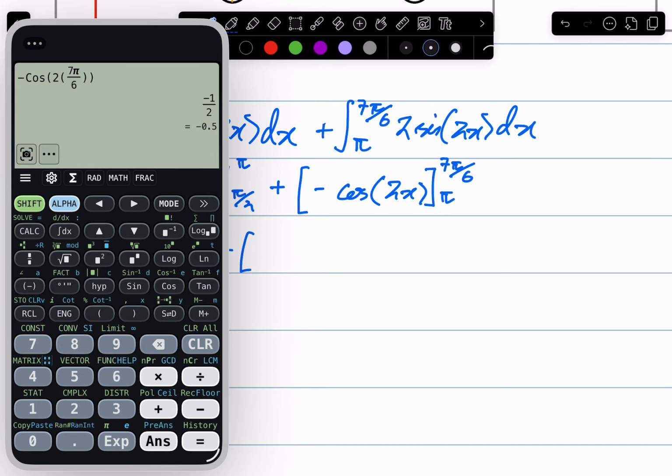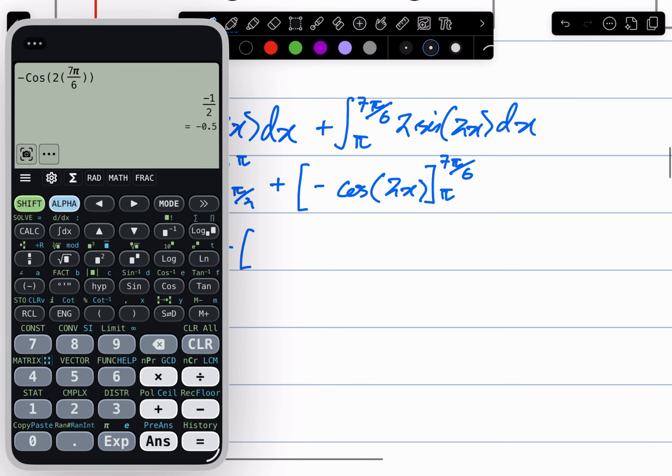This gives us negative half, so negative half minus, and now substituting pi into here, we get minus of minus 1.